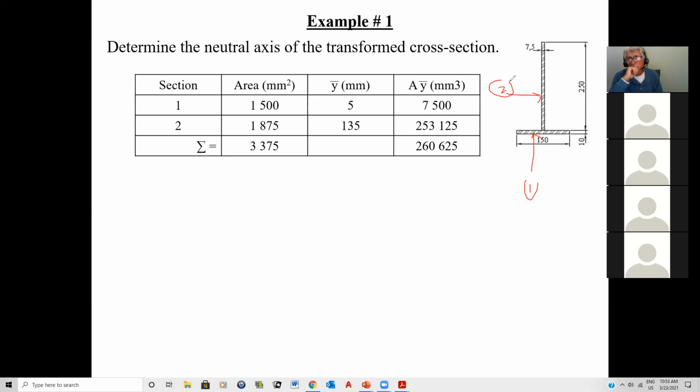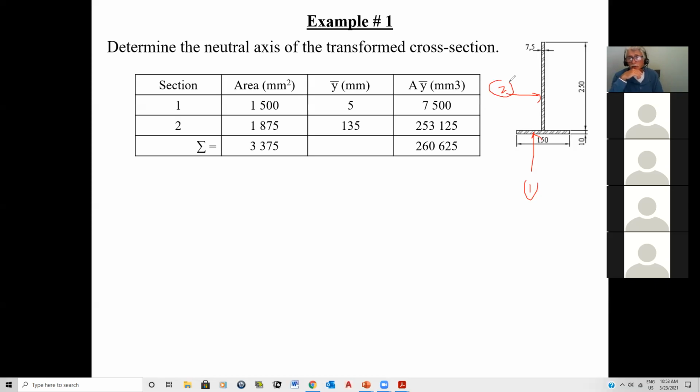Where the center line is? I know, but before you establish where the center line is, what do you have to determine? What do you have to fix as a constant in this problem? So the first thing you do is you break down the thing into very simple geometric shapes that you can work with. That's number one. In this case, we only have two: section one and section two.